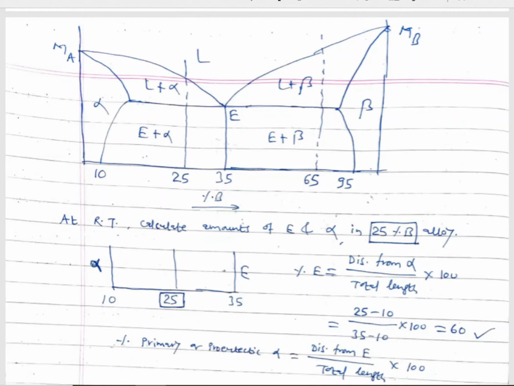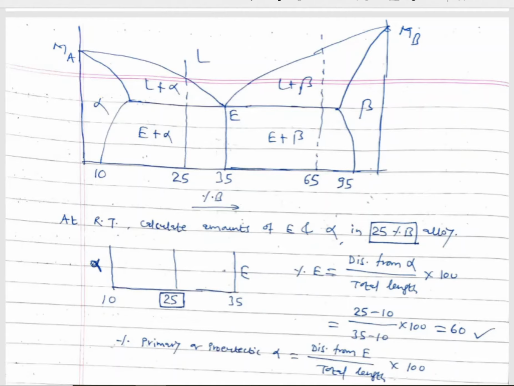So percentage eutectic is distance from alpha divided by total arm length. Distance from alpha will be 25 minus 10 divided by 35 minus 10 into 100. It is 60%.